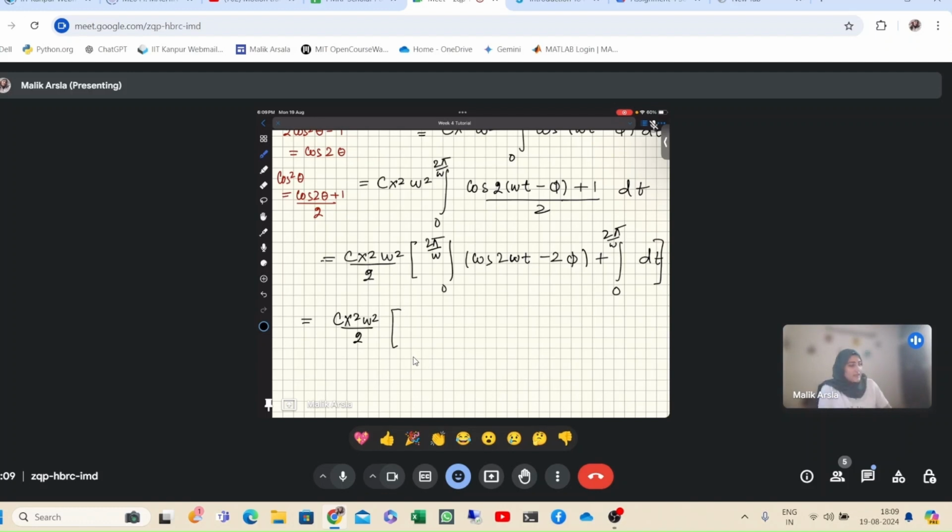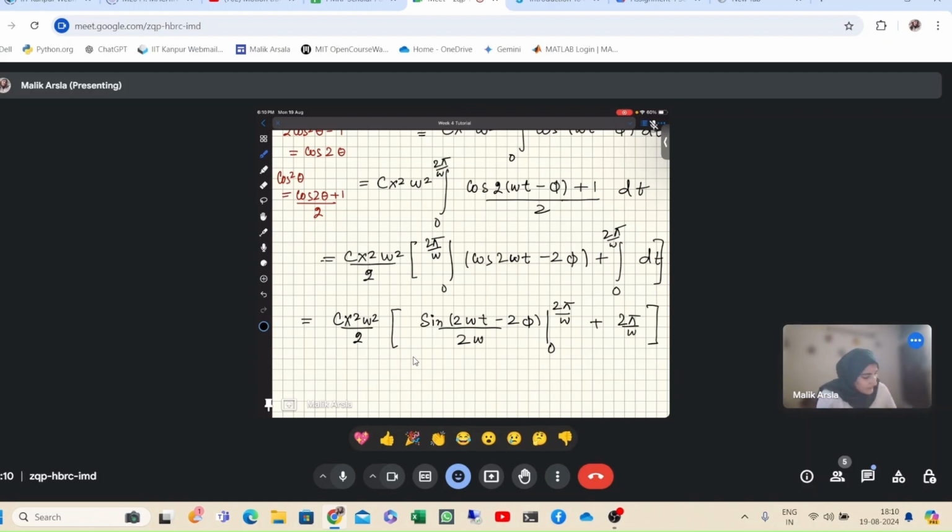Now we know that cos of 2 omega t minus 2 phi, when integrated, it will be sine of 2 omega t minus 2 phi upon 2 omega, and the limits are from 0 to 2 pi by omega. And this dt will be nothing but 2 pi by omega, because it will integrate to t and we will put the limits. It will be 2 pi by omega minus 0.